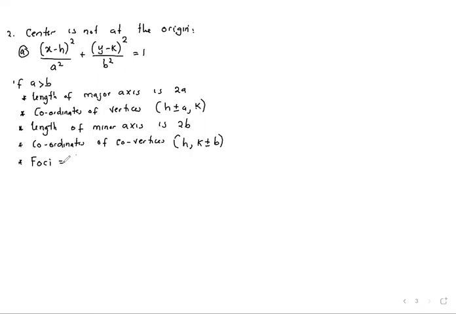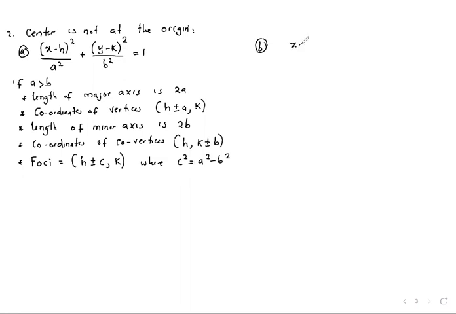These will be given by h plus or minus c comma k, where c squared is still a squared minus b squared.